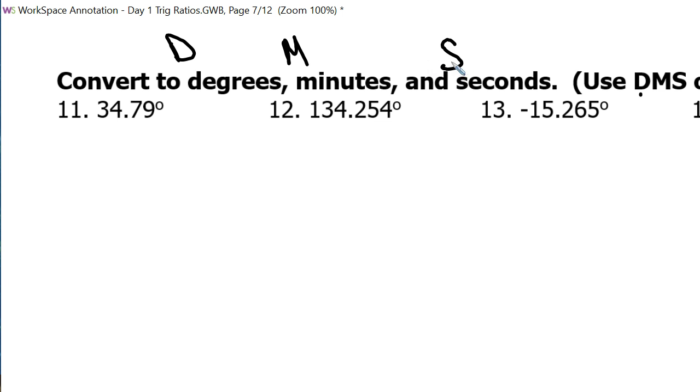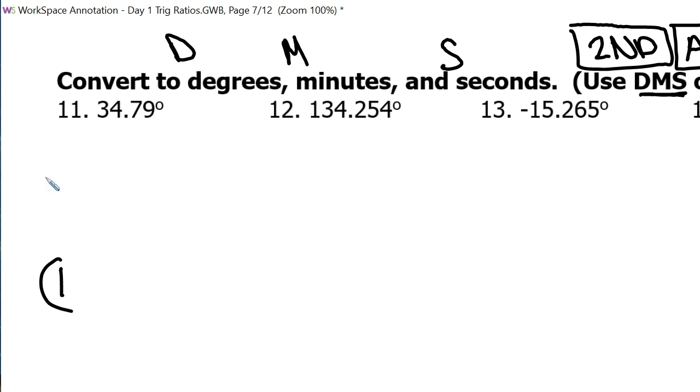So when it's telling you to use DMS on the calculator, you have to go to second, alpha, and number 4. So for degrees, minutes, and seconds on the calculator, you need to do second, alpha, number 4.